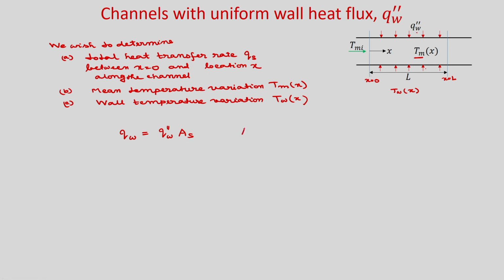So, what is the As in this case? If P is the perimeter and x is the length, then your heat transfer area As will be P times x, where P is the perimeter.